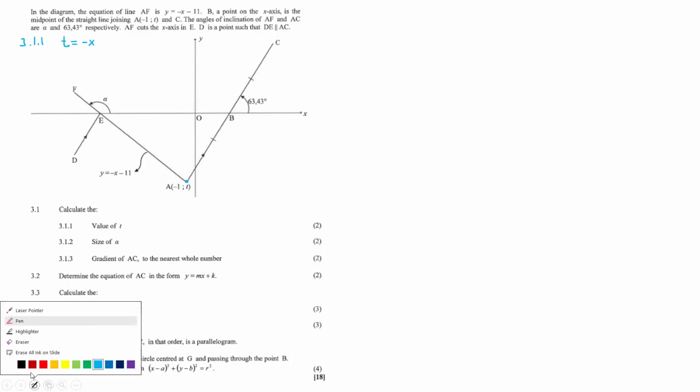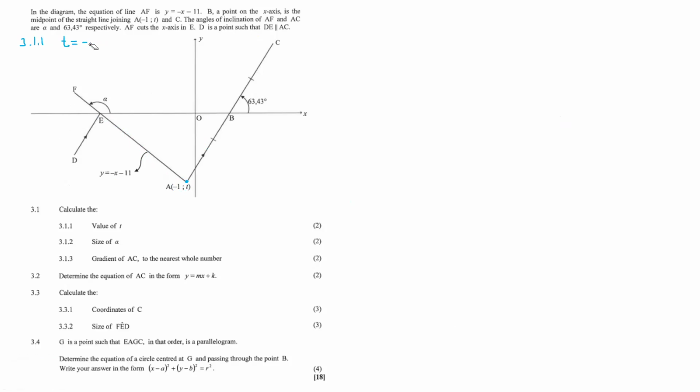So in analytical geometry, if you're looking for a coordinate, you can always substitute the coordinate of a given point into the equation of that line. You can see that A is a point on this line, FA. So for 3.1.1, I can substitute p for y in that equation, y is equal to negative x minus 11, and instead of x, we'll use negative 1.